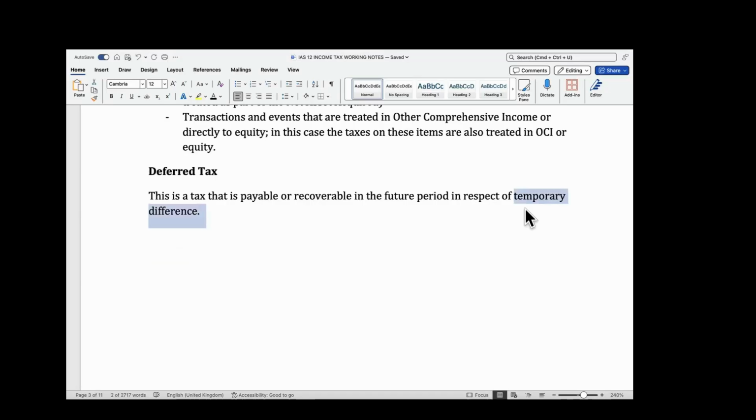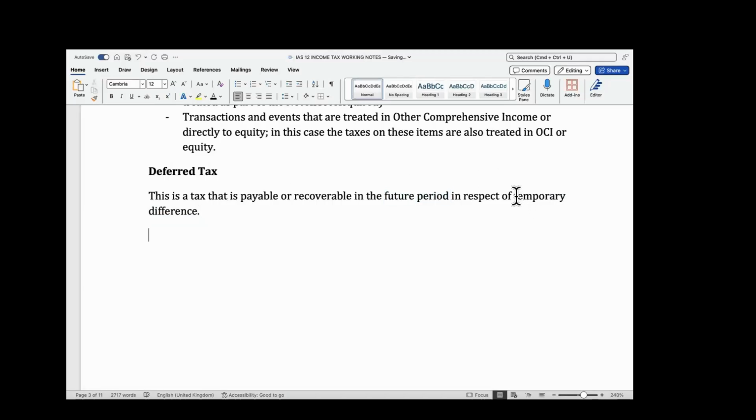Which one is temporary difference again? And also, why is there even a tax that is payable or recoverable in respect of a future period? Even if there is, why are we bothering about that today? Why not just wait till that time before we recognize it? Majorly these are the issues we need to resolve, and let's see why this actually exists.